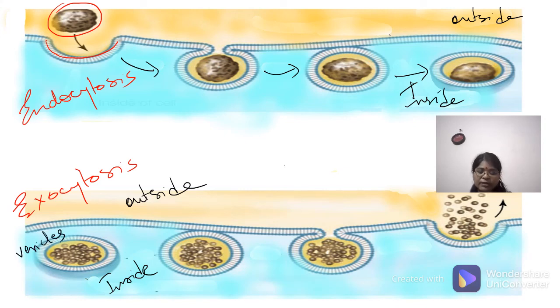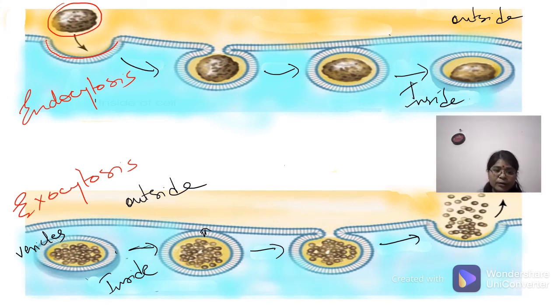And these vesicles fuse with the membrane, like here you can see, and then it releases the contents outside. So its movement is from here like this. Now it is being secreted outside the cell.